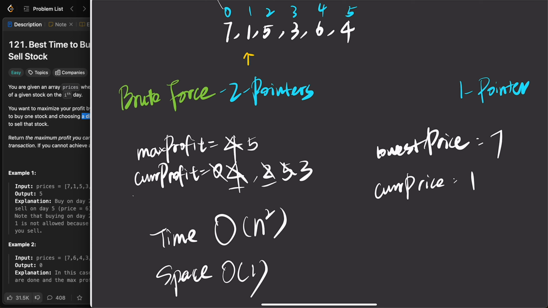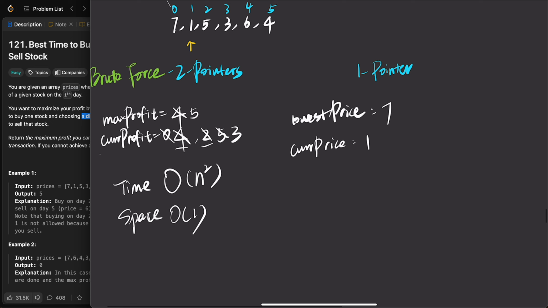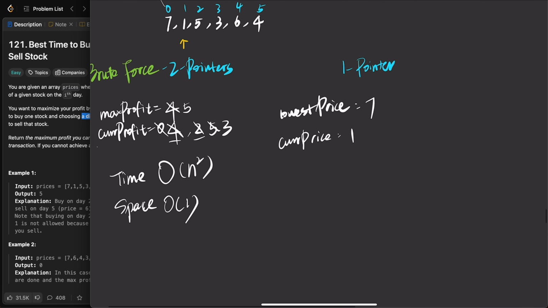But here the thing is, if the current price is less than the lowest price, first we can update the lowest price.